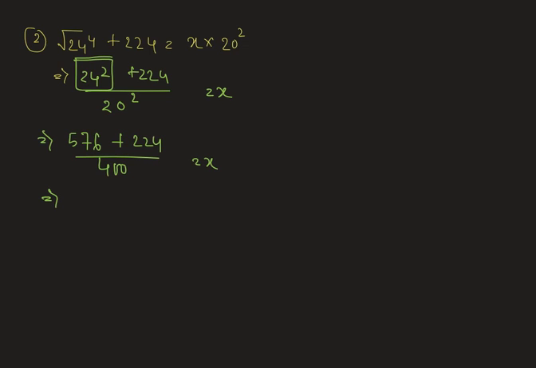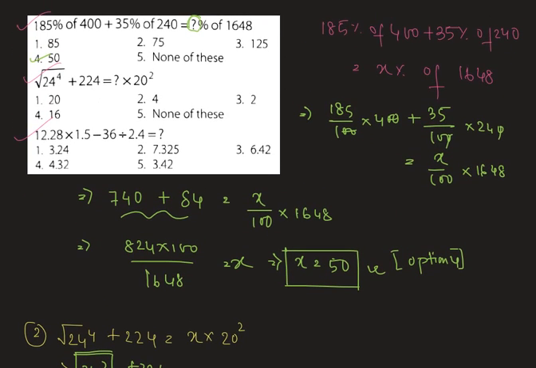Now 576 plus 224 means 800 divided by 400. This results in x equal to 2. So our required answer for this question mark is 2, that is option 3.